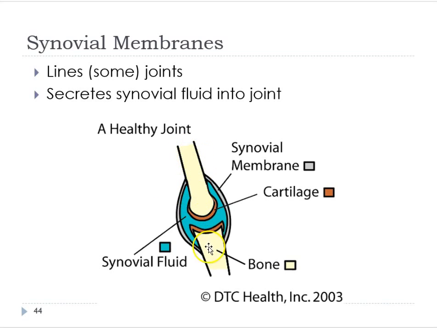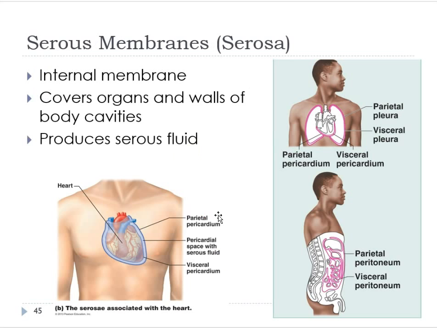So here's a bone, and here is the cartilage, and you'll see that there's this synovial membrane all around the outside, and they secrete a fluid, this synovial fluid. And what this does is it reduces friction. So when the cartilage rubs up on each other, there's a little bit of this liquid that prevents it from squeaking and rubbing against each other and starting to rip each other apart.